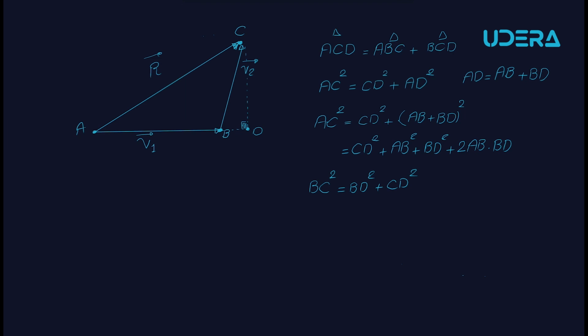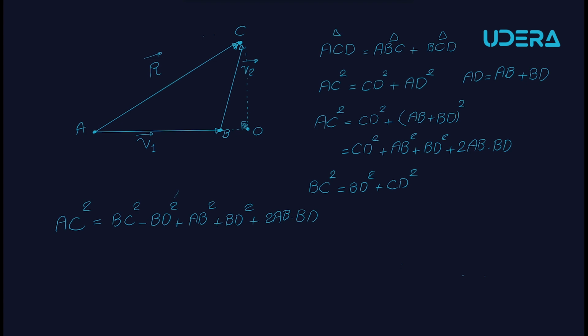So here I can substitute this new expression in the initial one and rewrite AC power 2 is equal to BC power 2 minus BD power 2 plus AB power 2 plus BD power 2 plus 2AB times BD.